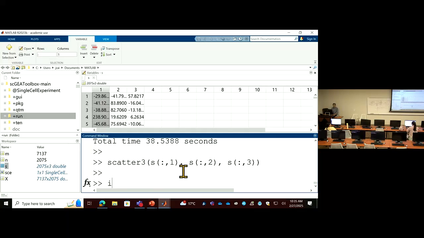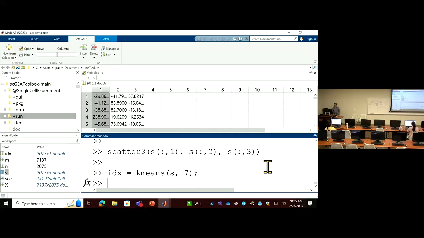So I will get IDX, the index, from k-means, with the data and 7. This should work. I'm not so sure. Let's try it.